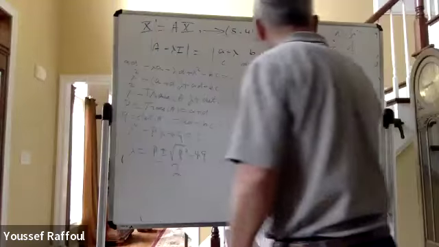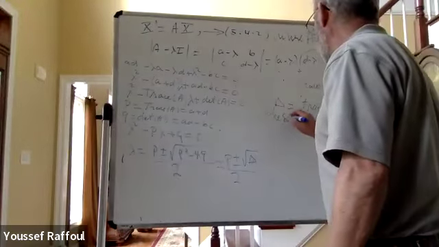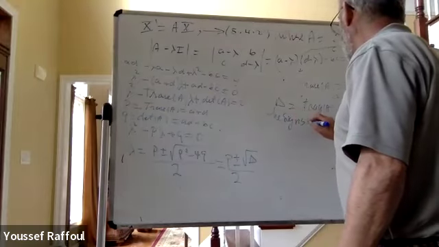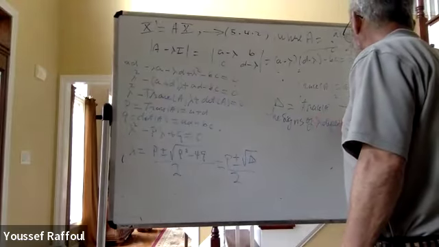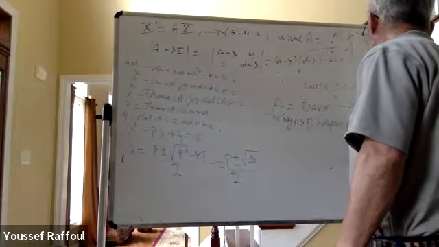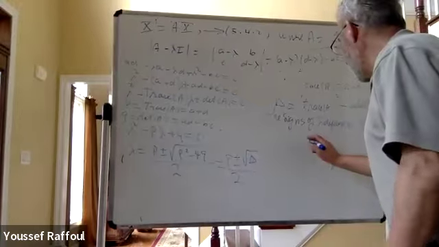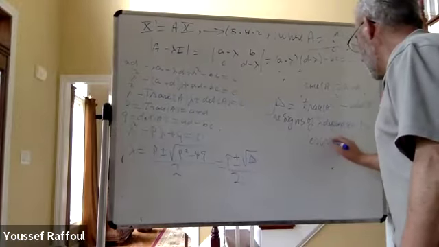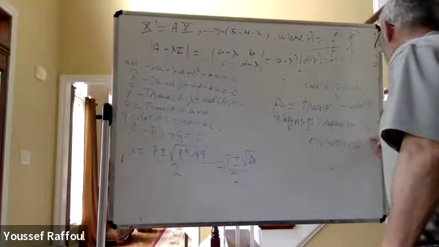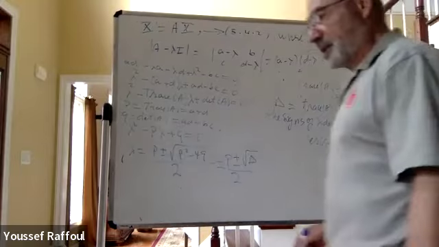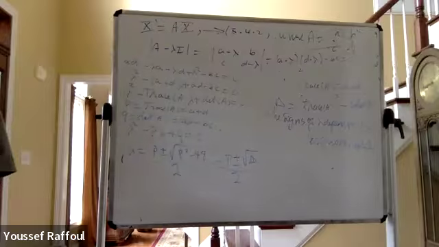So the signs of lambda depend on this, which is called the discriminant, delta, and what type it is.